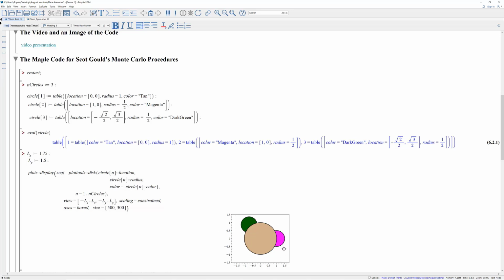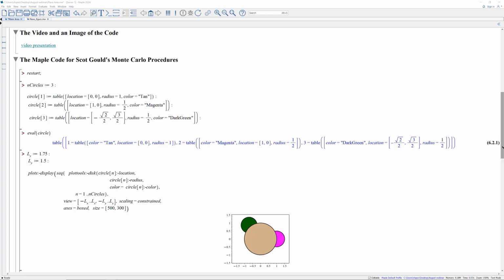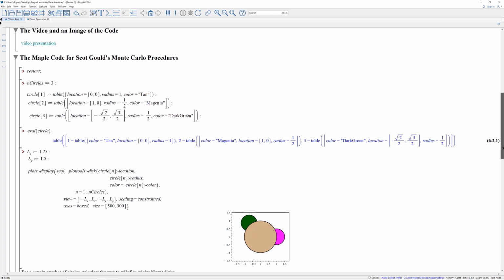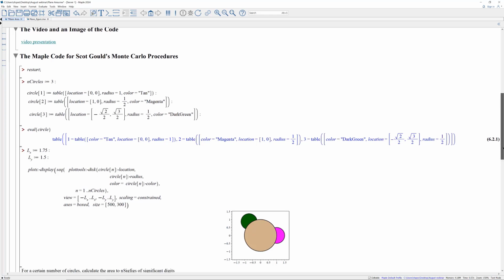So he gets this figure drawn with plot tools, disk, and then he pulls out the properties of the circle, having stored all of that in the table. Nice coding device. So in the Monte Carlo method, you generate random points, and then you have to decide which of those random points fall inside the region and which don't.